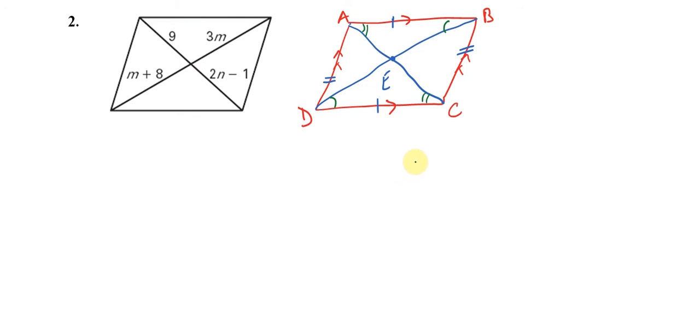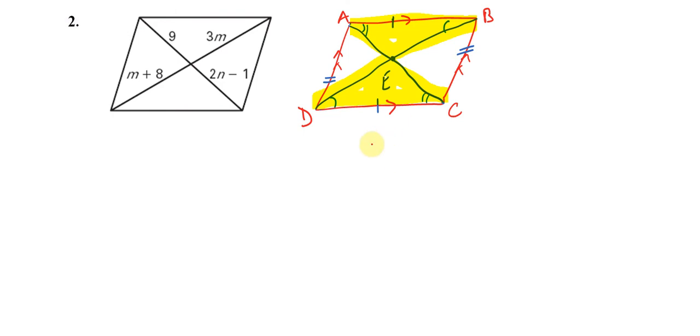So what we're going to try and show is that triangle ABE, on the top here, is in fact congruent to triangle CED. So these two yellow triangles that I am shading in here are in fact equal to each other.